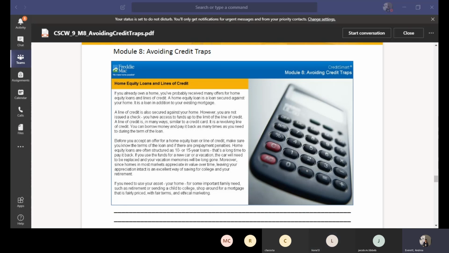A lot of times there are also things called reverse mortgages. When older people need a little supplement to their income and Social Security maybe isn't cutting it, they can take what's called a reverse mortgage on their home, and the bank pays them a certain amount.